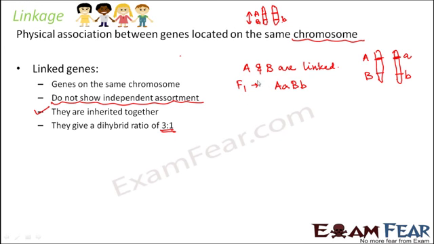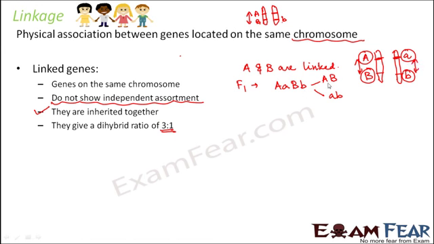So what are the possible gametes from the F1 generation? The possible gametes from the F1 generation would be AB and ab. Now since A and B are linked, similarly small a and small b are also linked. These two will always go together, and these two will always go together.